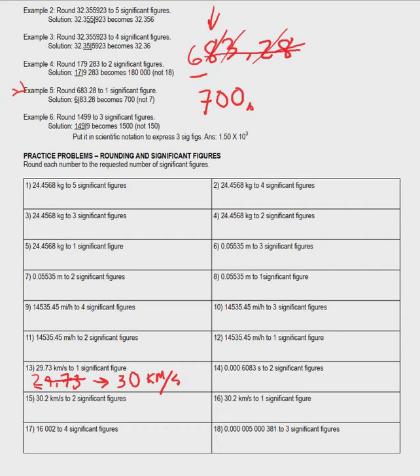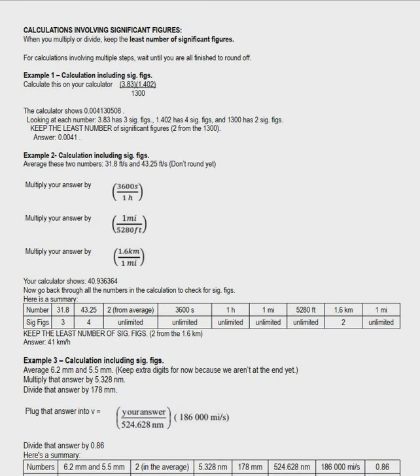So that's it for rounding. And now we're going to be working on calculating with significant figures. It looks really complicated, and it's really easy.